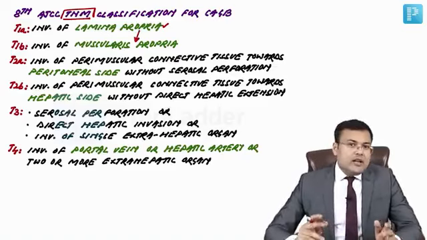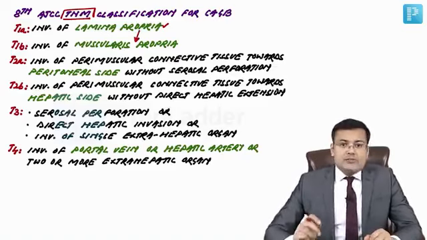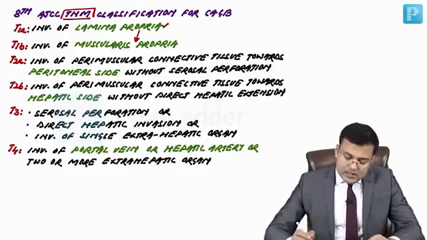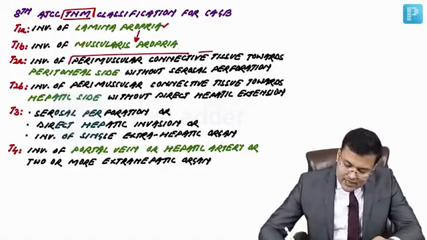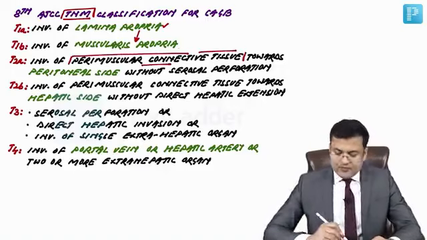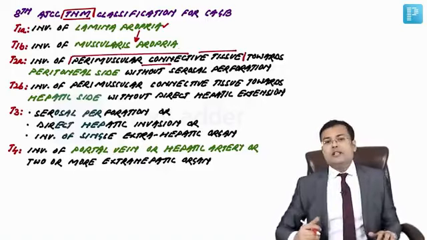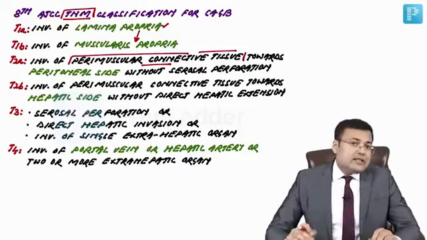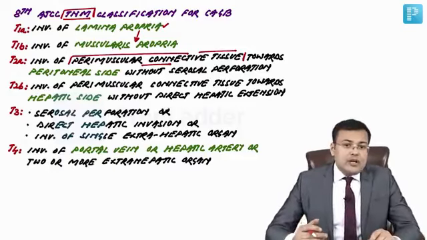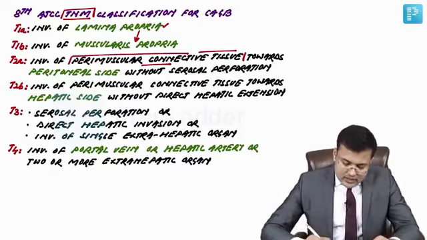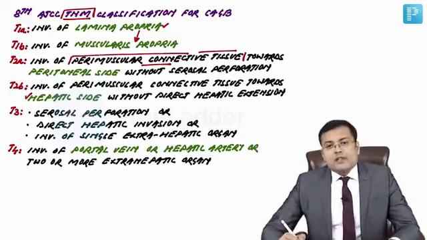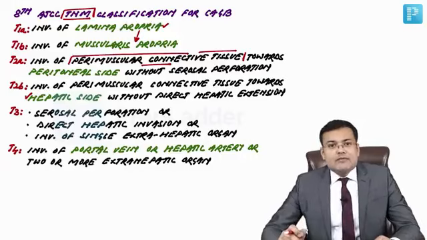So T1A, involvement of lamina propria. T1B, involvement of muscularis propria. In T2A, there is involvement of perimuscular connective tissue towards peritoneal side without any serosal perforation. And what is T2B? Involvement of perimuscular connective tissue towards hepatic side without direct hepatic invasion.